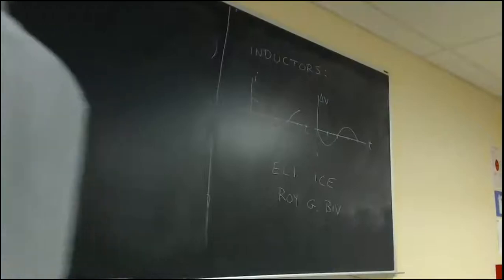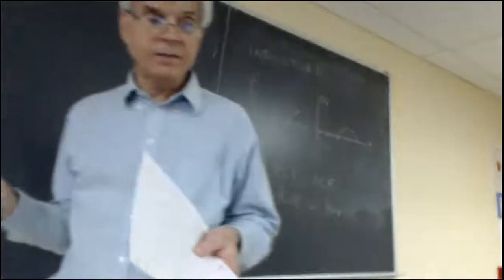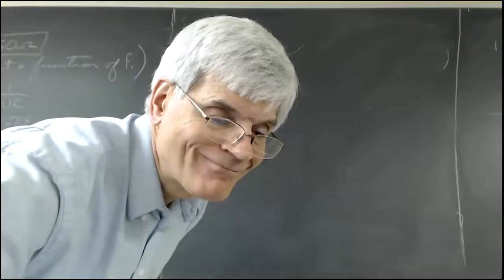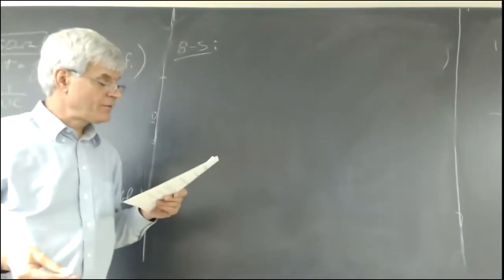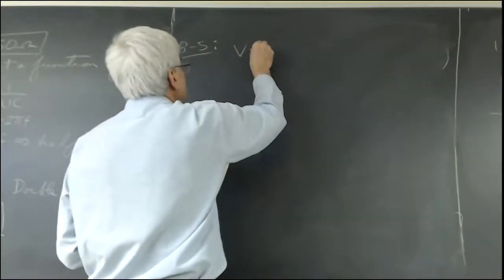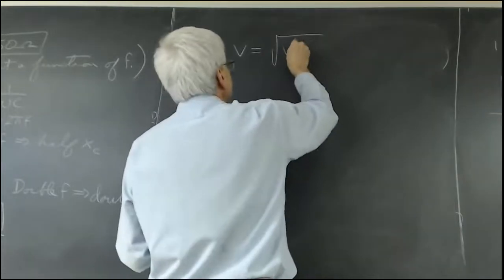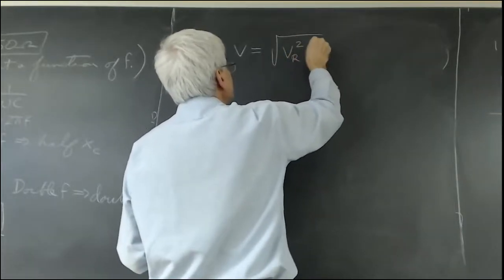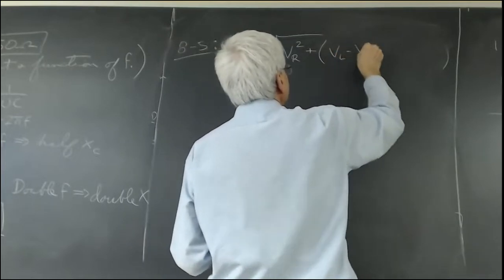Okay, number 5. This is just dropping numbers into the formula that's in front of you and punching it up. The voltage across the entire group is the square root of the voltage across the resistor squared plus VL minus VC, squared.